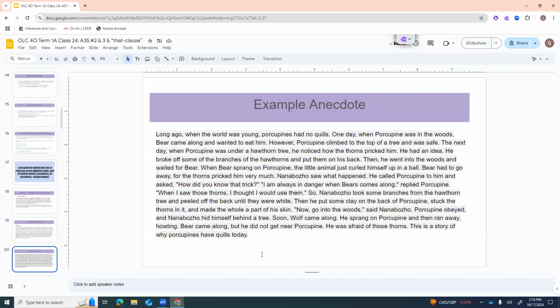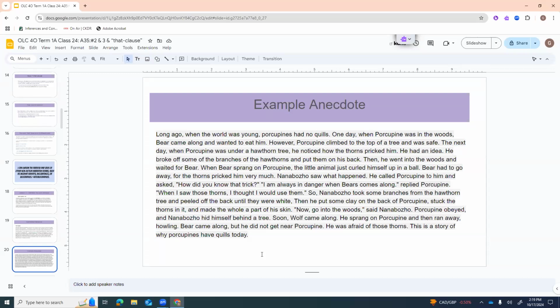Nanabojo saw what happened. He called Porcupine to him and said, "How did you know that trick?" "I am always in danger when bears come along," replied Porcupine. "When I saw those thorns, I thought I would use them." So Nanabojo took some branches from the haythorn tree and peeled off the bark until they were white.